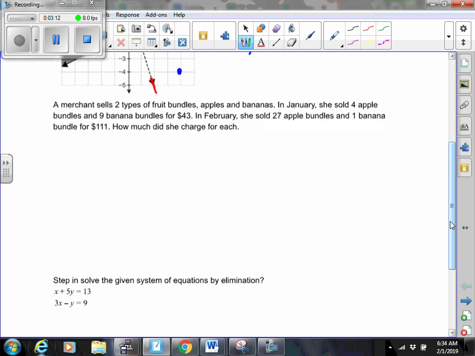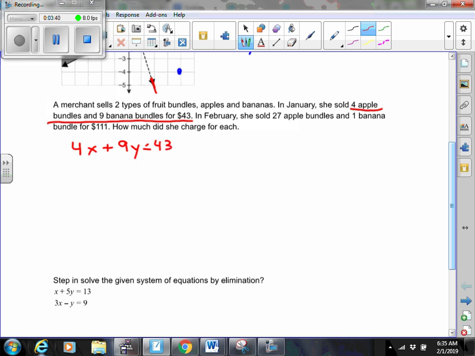Now here's your favorite thing, word problems. The first statement says she's selling 2 types of fruit. You have 4 apples and 9 bananas for $43. So that must mean 4 per apple bundle plus 9 per banana bundle is 43.